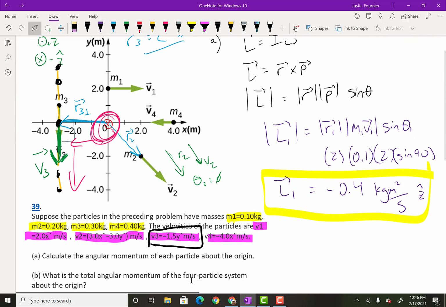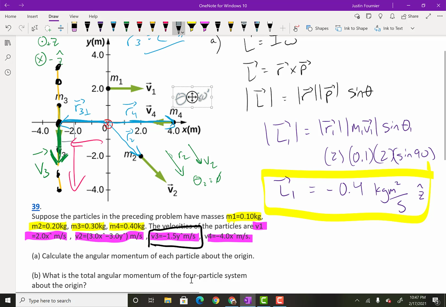Hopefully you can get an idea of what is going to happen here, because I can take R4 and point it to the right. Well, V4, which dictates the direction of the linear momentum, points to the left. The angle between those two vectors is 180 degrees.